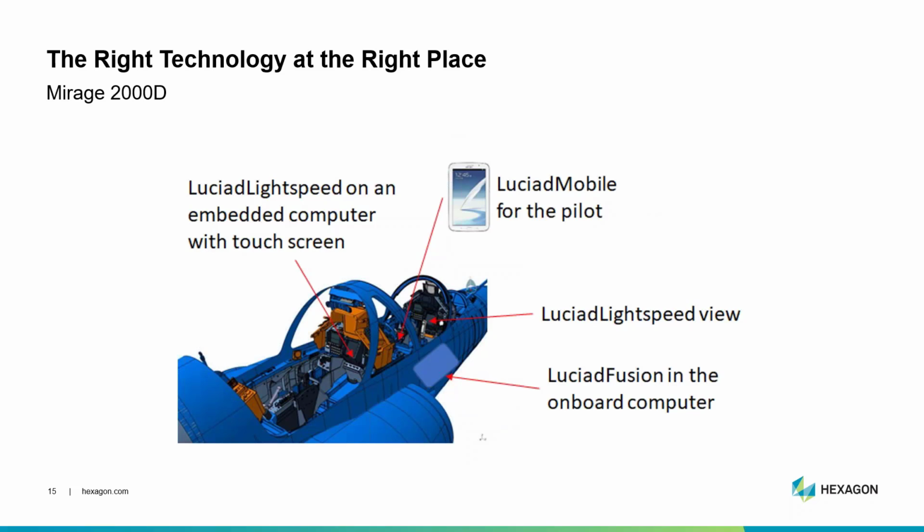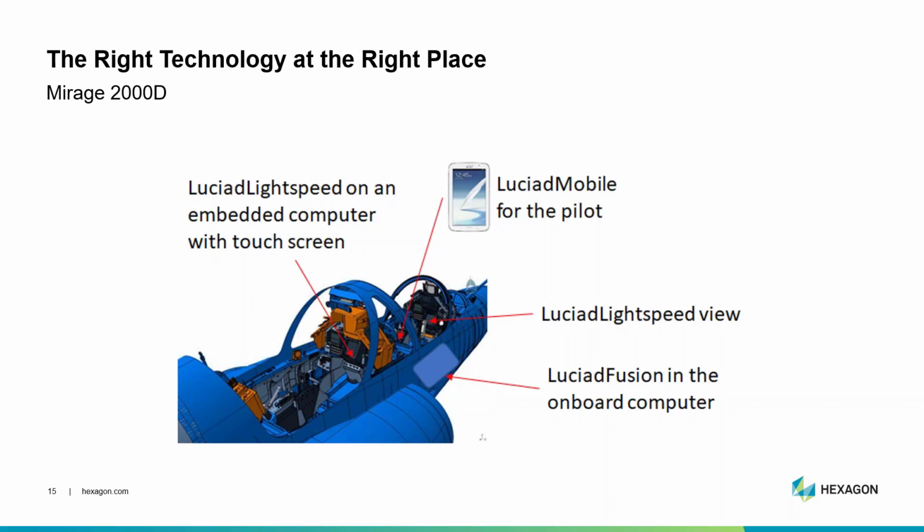And a good example of that, for instance, is in the Mirage 2000D, a fighter jet. In the cockpit there, we use no less than 3 of these SDKs for developing solutions. So there's Luciad Lightspeed-based applications embedded on the touchscreen for the co-pilot. Also, the pilot has a view based on that technology, but he also has a tablet where Luciad Mobile, of course, was a better fit.